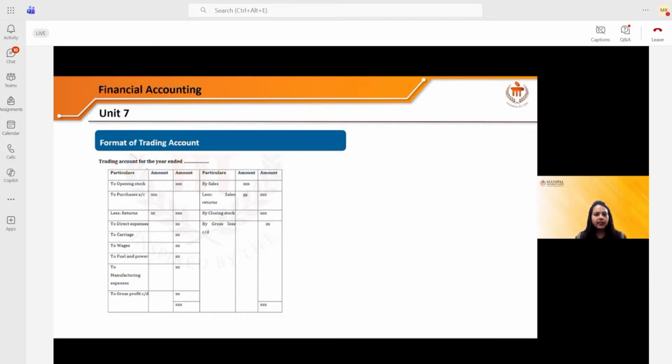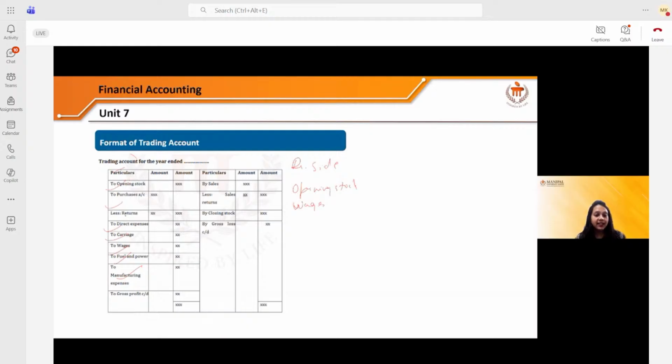So that is the format, or we can say it is a list. Debit side items are opening stock, purchase, direct expenses, carriage, wages, fuel and power, manufacturing expenses.